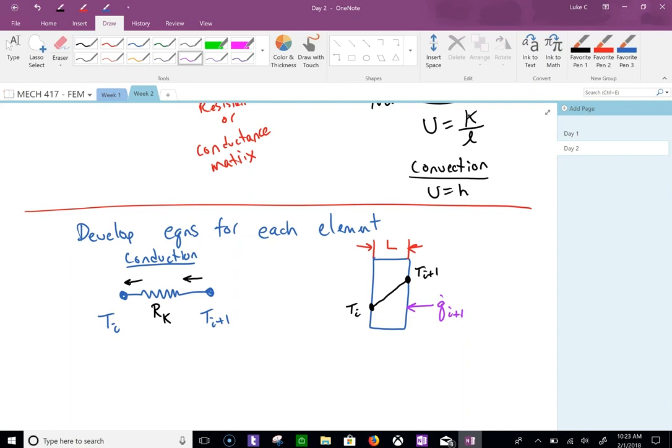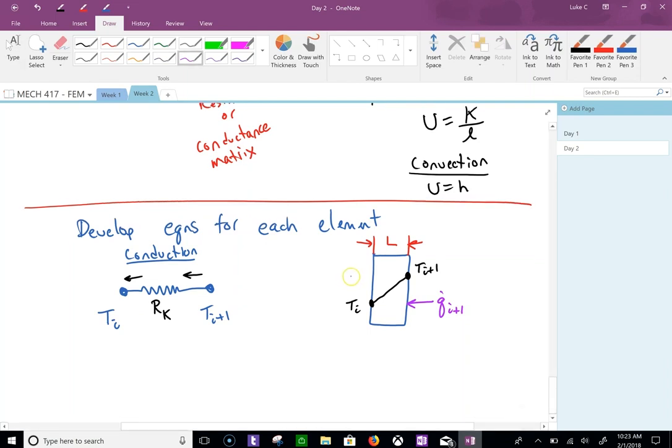So coming from that node going into the element is that, and then coming from the element to the other node, we have Q dot I.